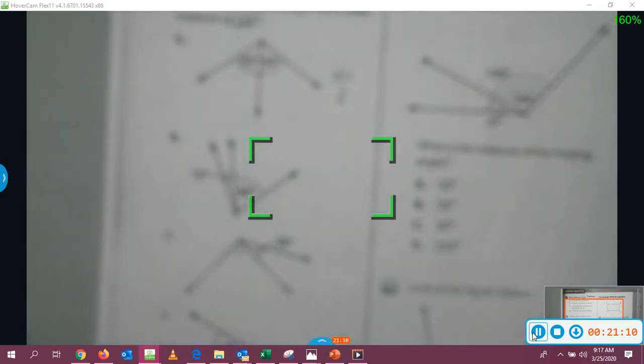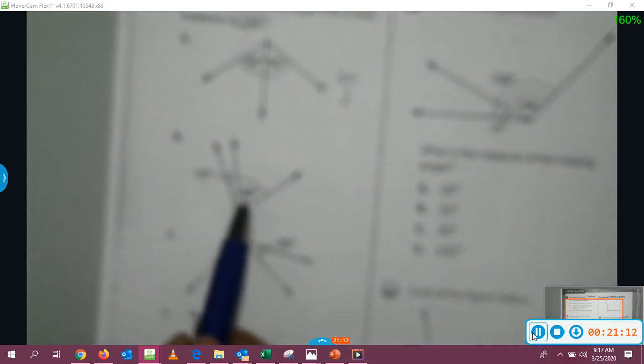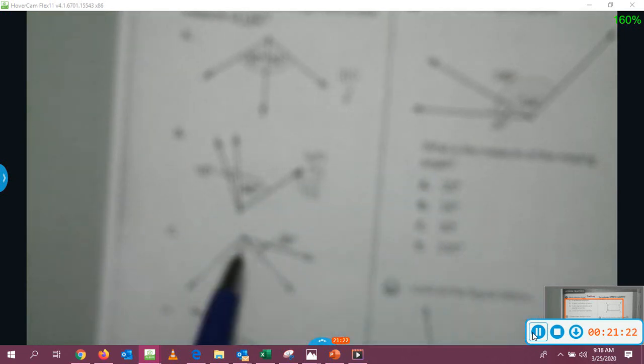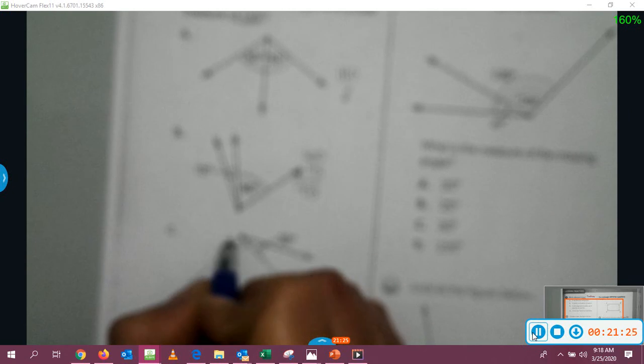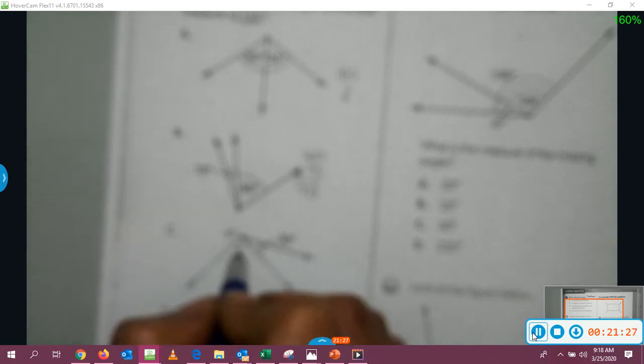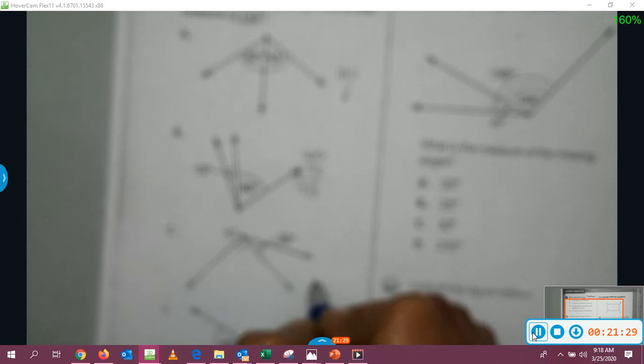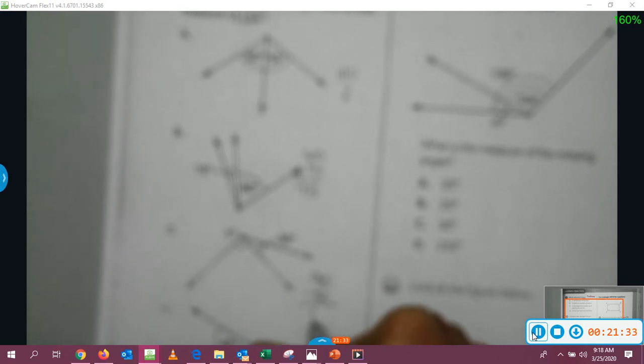Okay, so let's see if there's a better answer. 60 plus 15 is 75. Let's just add it up. If this is a right angle, this is 90 altogether. 90 minus 30 is how much? 60.